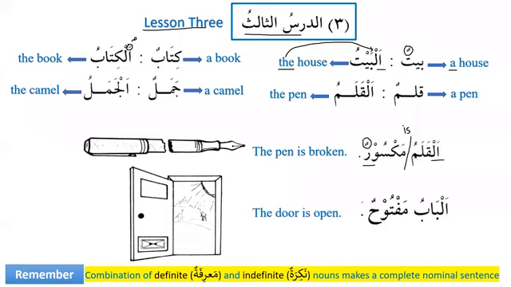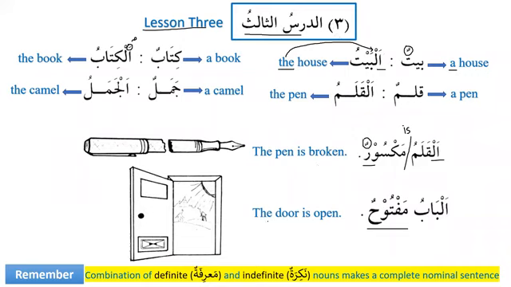All right, now we need to know that every noun that has tanween on it, and is a common noun, doesn't necessarily have to be translated as "a" or "an," because it can be an adjective as well. With an adjective, we do not use "a" or "an." That's why the translation will be "the pen is broken." We can't really say "the pen is a broken."